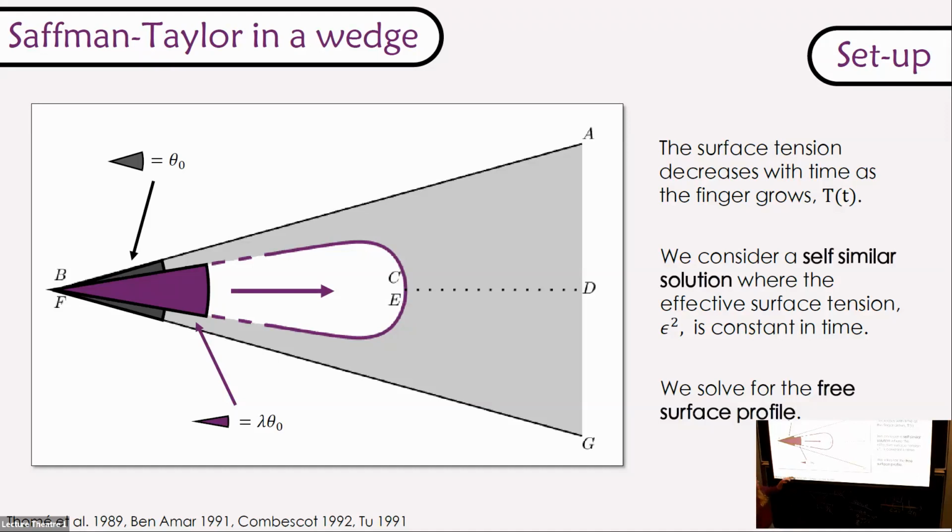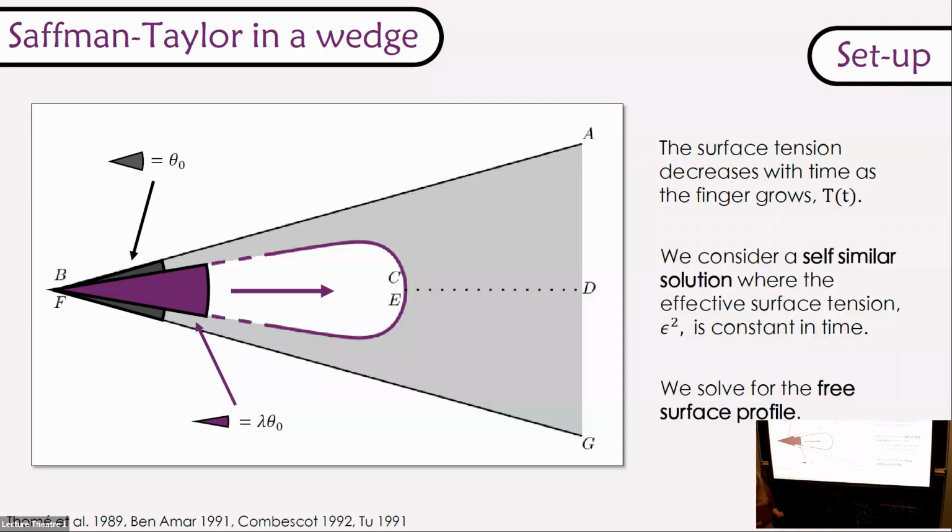So this problem formulation has been done by a number of people before me. But what happens in this problem is that as we're injecting the fluid, you can imagine the finger is growing. And over time, the curvature on the end of that finger is changing. So the surface tension is actually decreasing. This is not so easy to deal with. So the resolution here is to rescale the problem, so we end up in a self-similar regime.